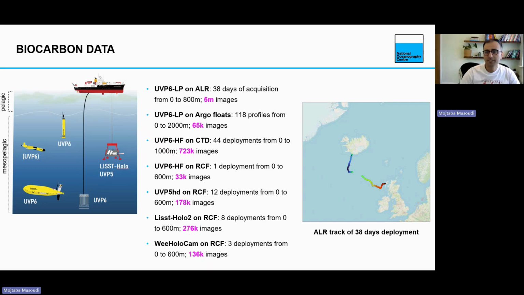the work our group did for data capturing, we collected massive data from the North Atlantic Ocean with different types of instruments. For the biocarbon data, we're collecting data from ALR, floats, glider, CTD, and fixed platforms, and we captured more than 5 million samples for specific locations.